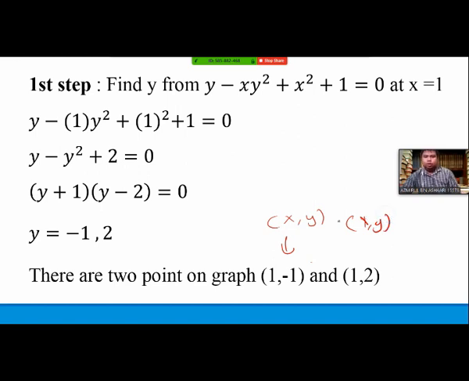Okay, so for this case, you dapat 2 points, so you need to find the tangent line at this point and this point. So you akan dapat 2 tangent lines. You will get 2 tangent lines. Okay, after you get the points, we try to find the first tangent line.